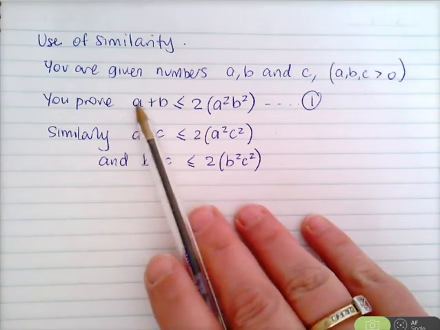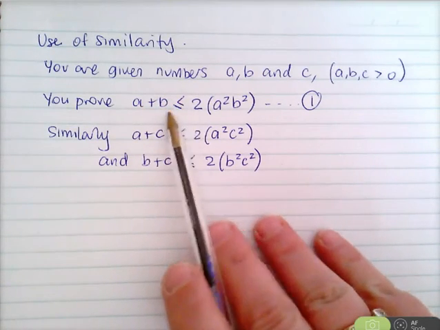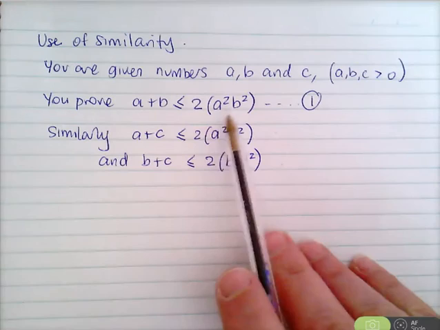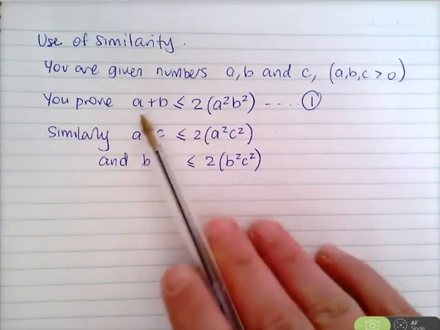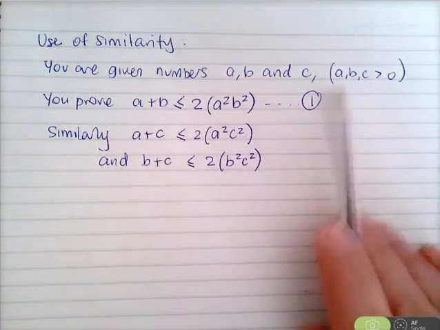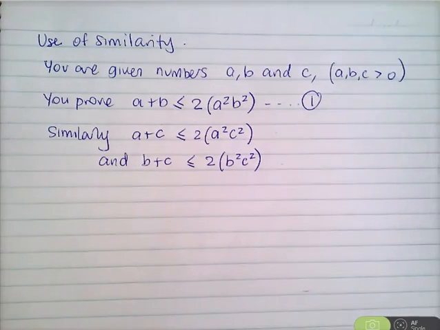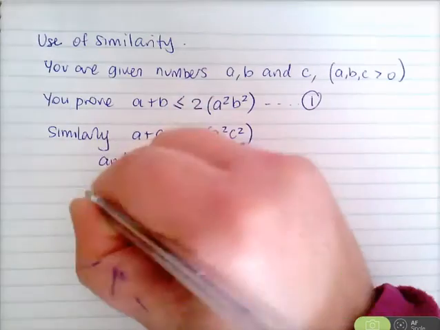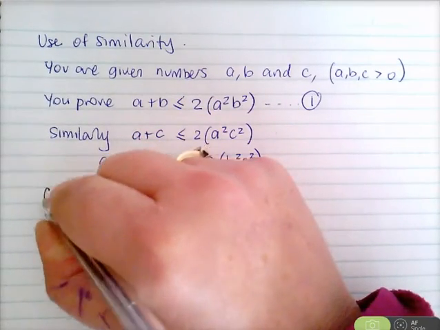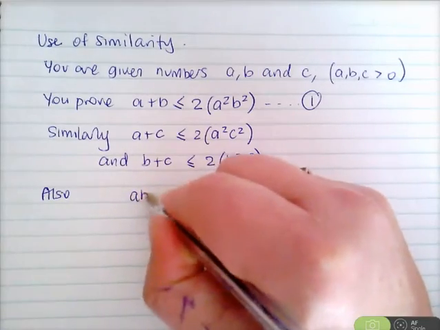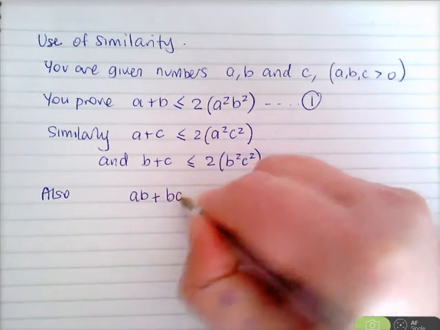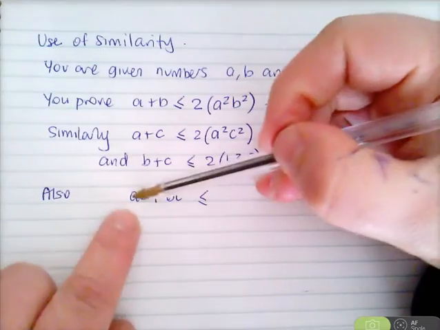Okay? So from 1, we can state these because this really means the sum of two numbers is less than or equal to 2 times the square of the numbers multiplied. So we can replace those a and b with a and c, or b and c, x and y, anything that you want. Also, we can state something like ab plus bc, where we're using the product.